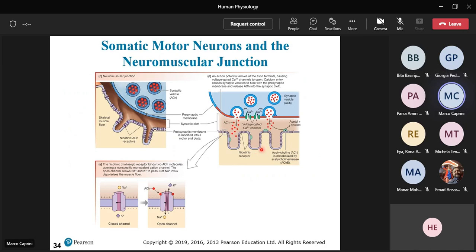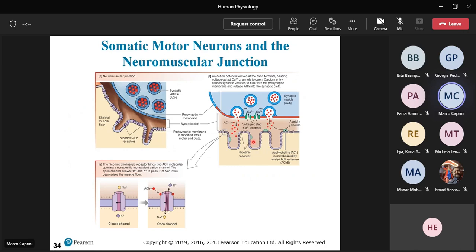And these proteins are named L-type calcium channels, dihydropyridine, they are called DHP, that are mechanically gated and linked to the ryanodine receptors on the T-tubules, we will see, that are linked to ryanodine receptors on the sarcoplasmic reticulum.